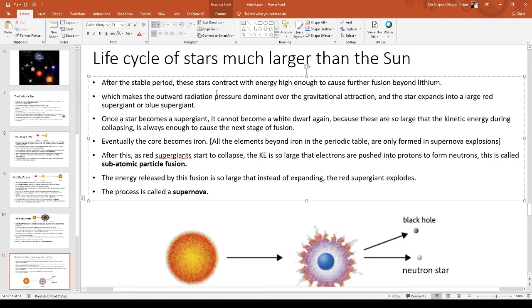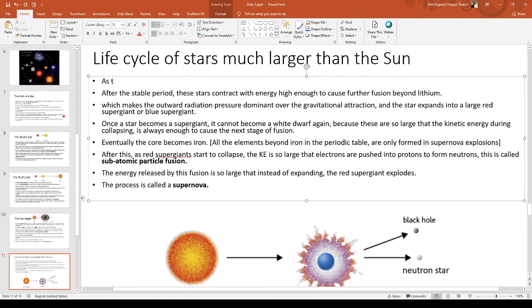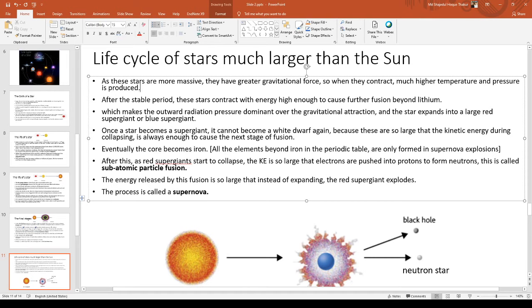Let me clarify this even more if possible. As these stars are more massive, they have greater gravitational force, so when they contract, much higher temperature and pressure is produced. You with me so far? As these stars are more massive, they have greater gravitational force, right?